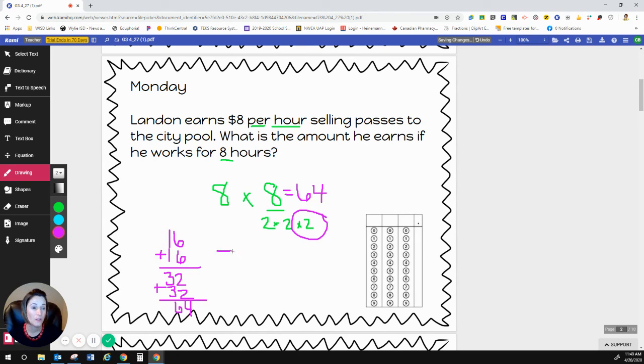So if I wanted to do 7 times 8, think about 8 as double, double, double. So 7 times 2 is 14. So double it. And I get 28. And double it.